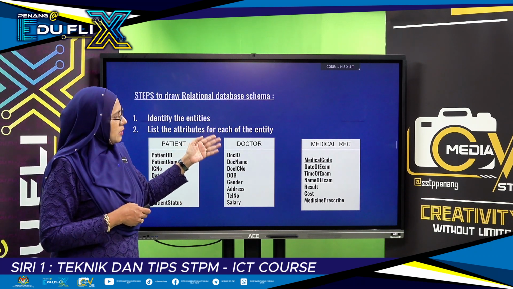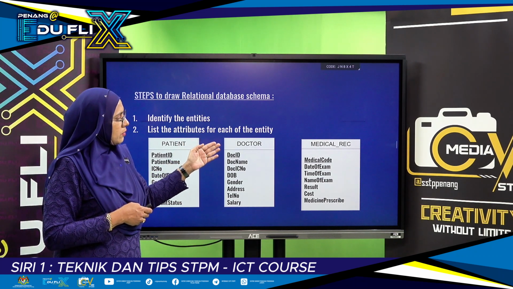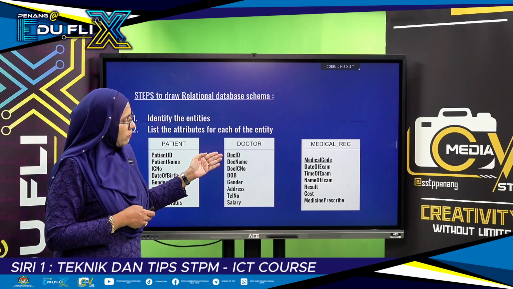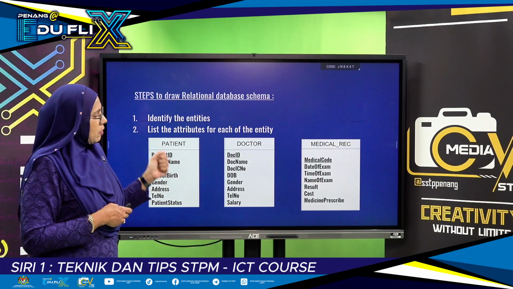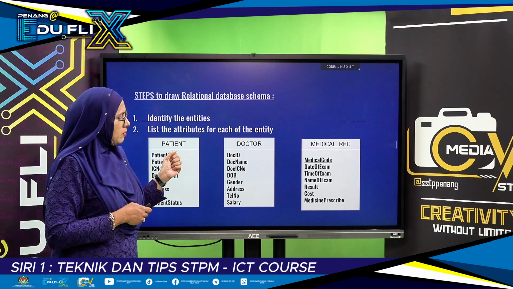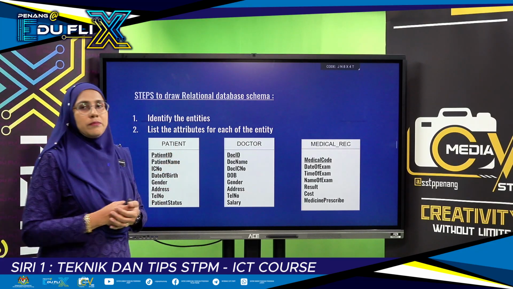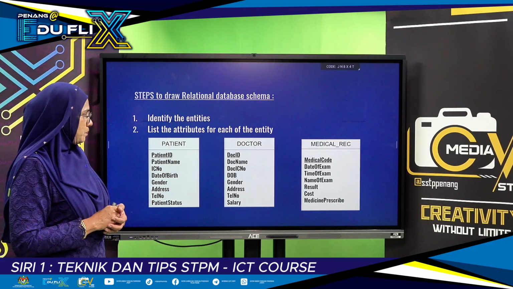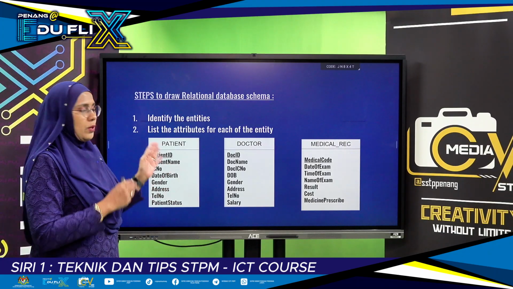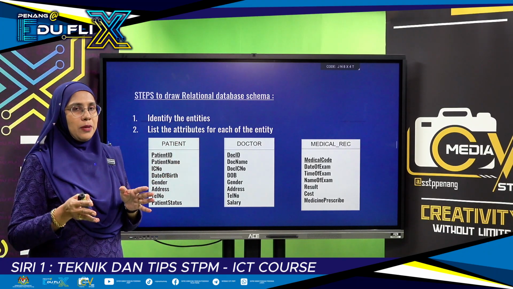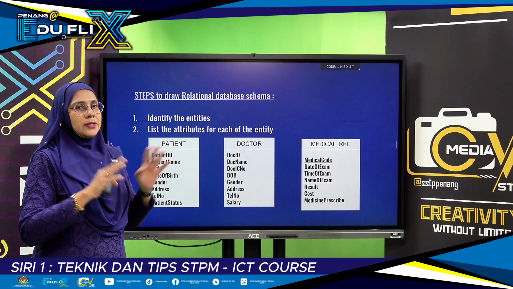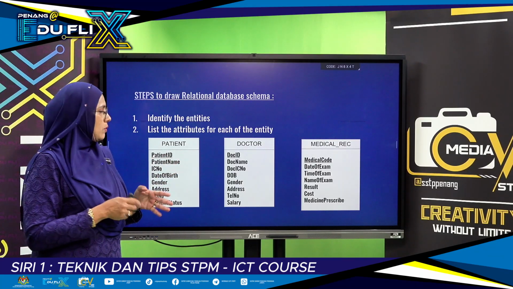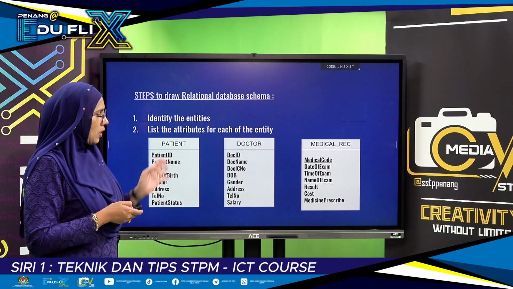Medical record code, date of examination, time of examination, name of examination, result, course, and medicine prescription. Now, we have 3 separate tables. In order to do relation, you need to join the tables. So how to join?